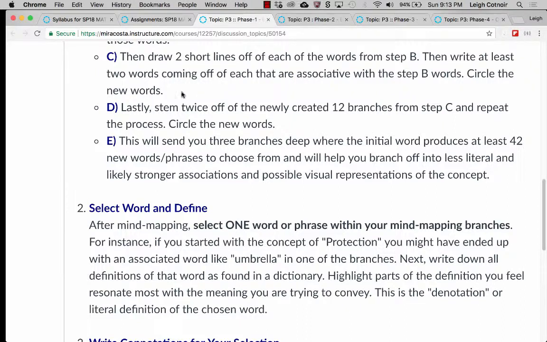Just follow these instructions, so that by the end you'll have about 42 words that branched off of that initial concept, like family and children, or technology and communication. Those 42 words end up being less literal, and very likely a stronger association, so that you can make a visual representation of the original concept.